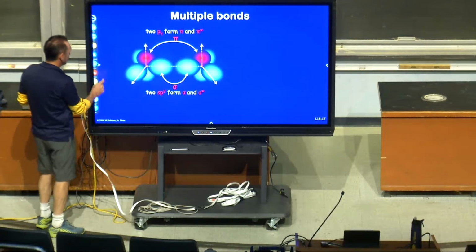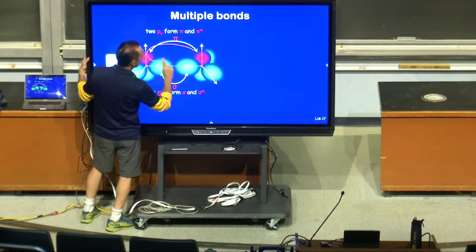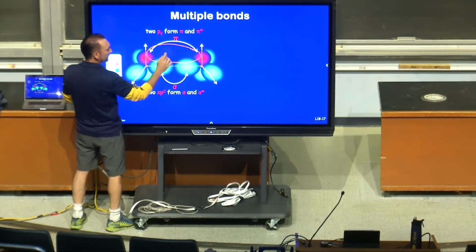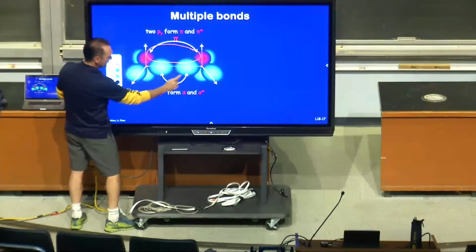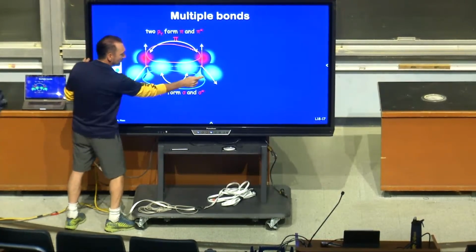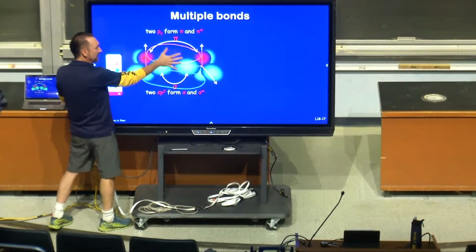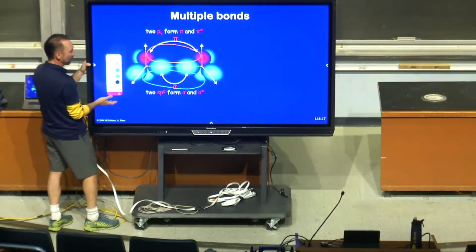So you'll get the sum here above the plane, the constructive interference here, and below the plane as those 2 lobes of the p orbitals add together. And you'll have a pi bonding orbital.